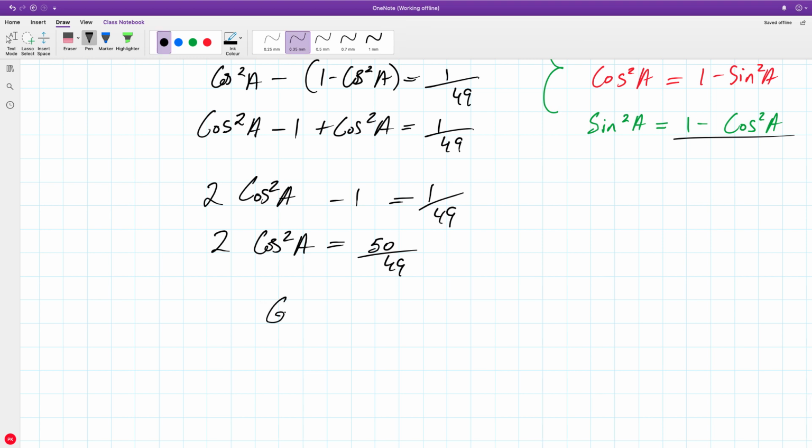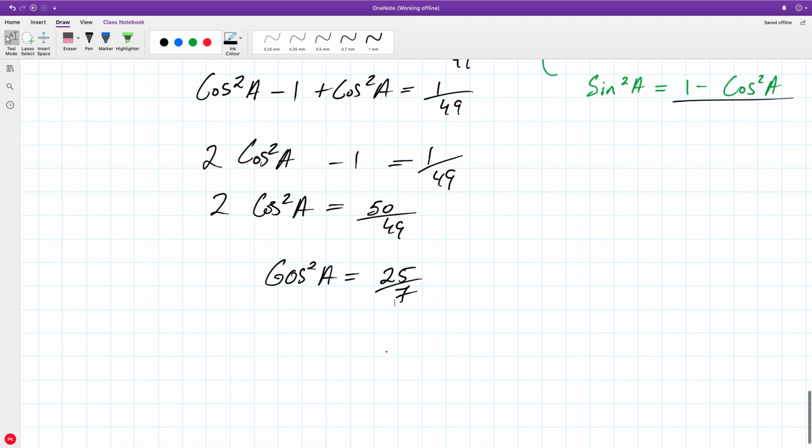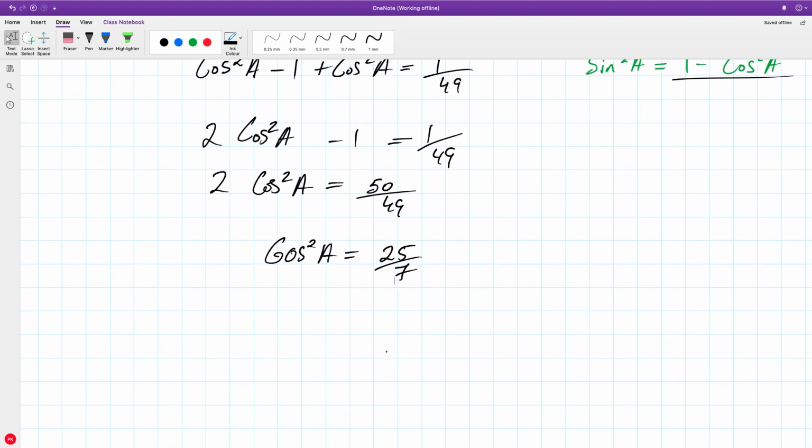So that then is cos squared A is equal to 50 over 49 divided by 2, which is 25 over 7. Is it? Just double check. 25 over 49, sorry. That's why we double check in the calculator.